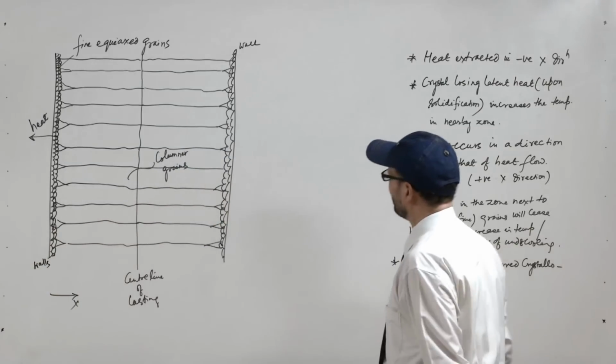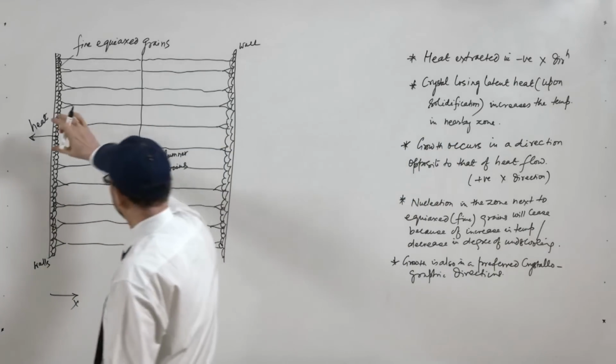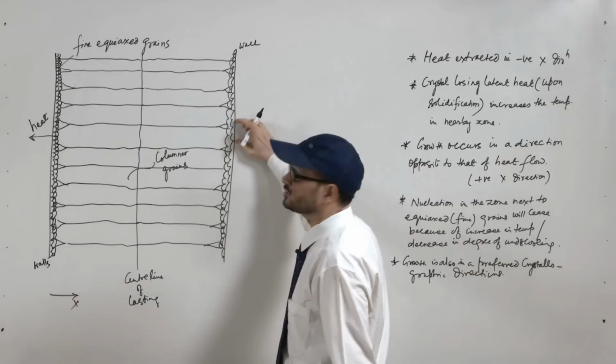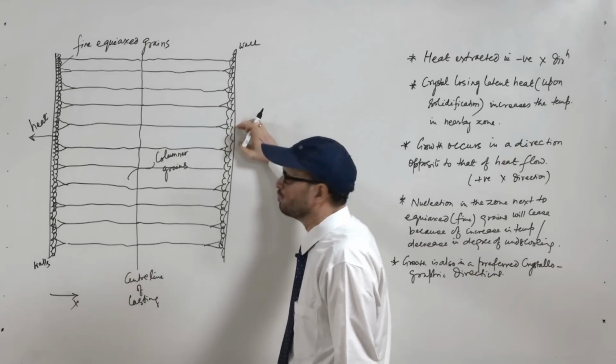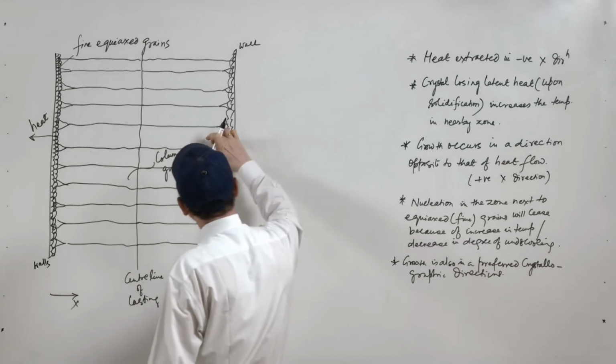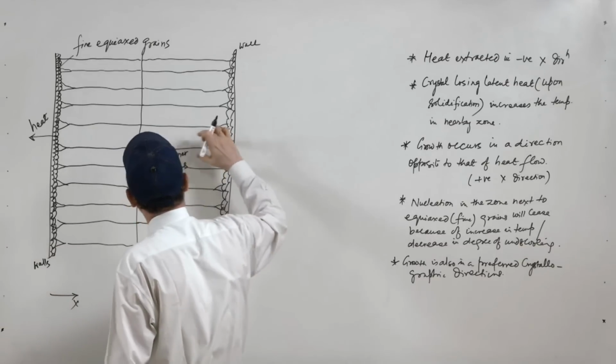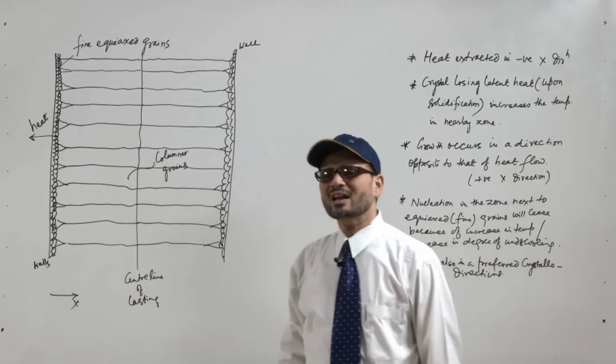Now, what we see is you have wall on both the sides, you have formation of fine equiaxed grains on the mold wall, and these columnar grains extend up to the center of the casting.